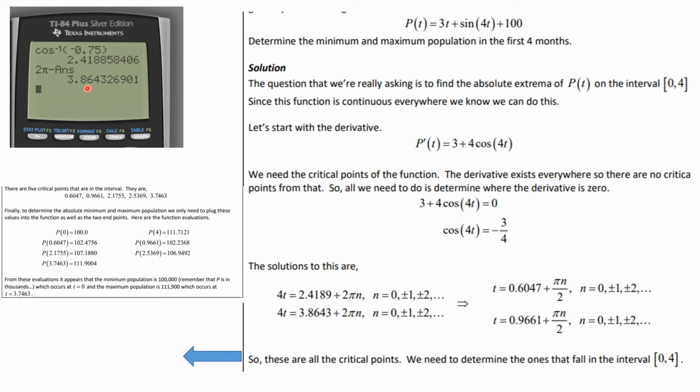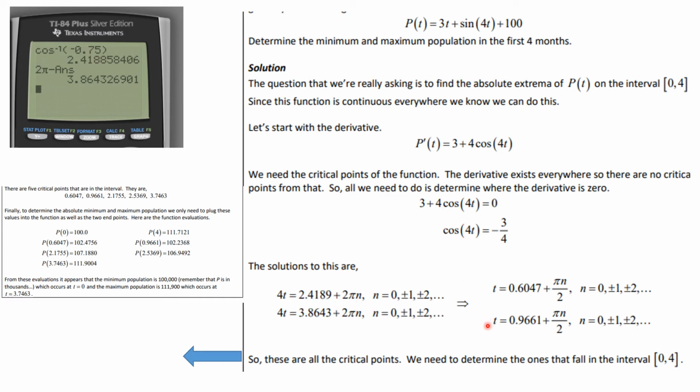And the cosine is also going to be negative in the third quadrant. And so I say 2 pi minus the answer from this one, and I get the numbers that you see here for 4t. Now, these can be plus 2 pi n, where n is any of these integers, and I can divide by 4 here and here, and so I get these expressions for t.